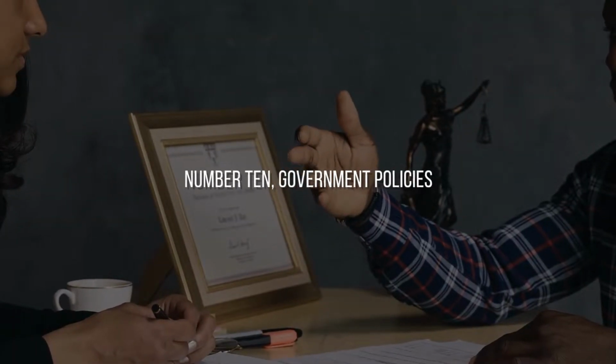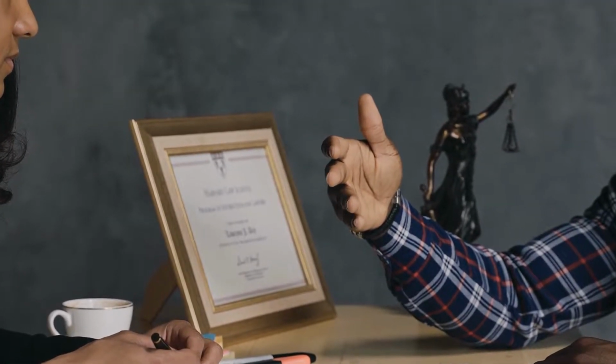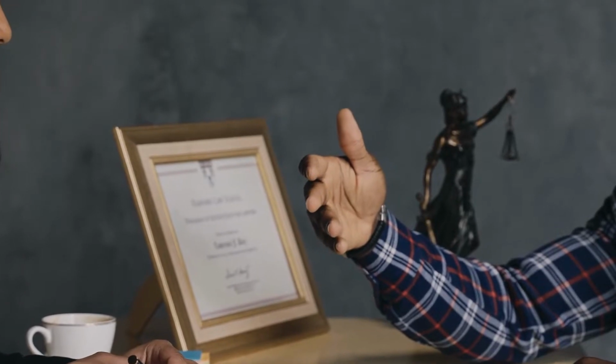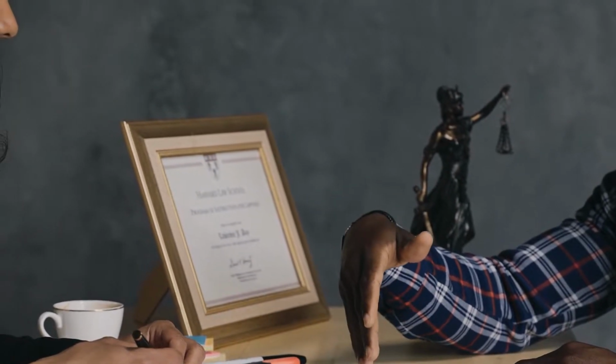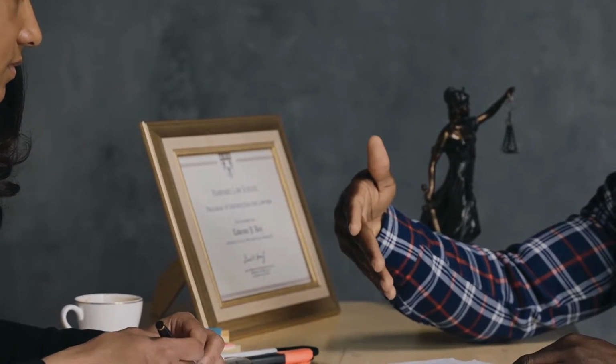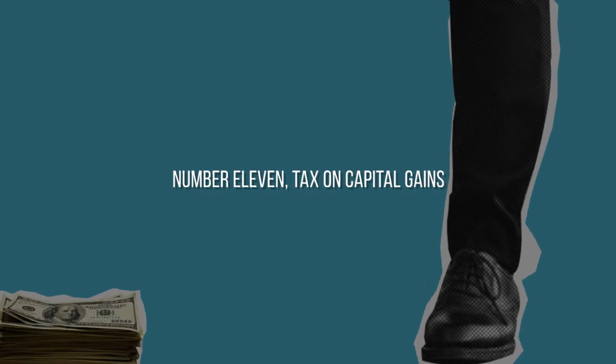Number 10. Government policies. Before making the purchase, be sure to check any government policy changes since the purchase. For example, if taxation or rental income goes up by 25%, it will be very hard to get good returns in the future, which means you may want to reconsider your decision before going through with this purchase. Number 11. Tax on capital gains.